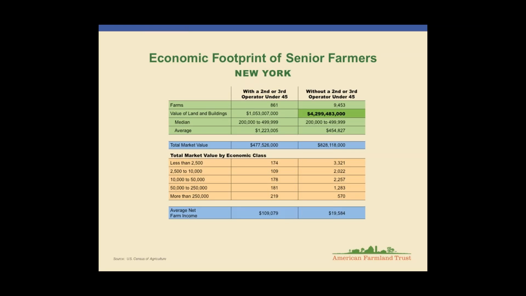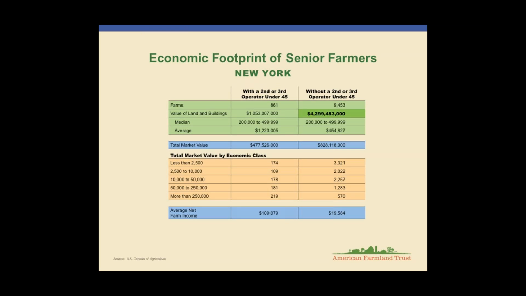And depending on your definition of large scale, this top one is the more than $250,000 in annual market value, and there are 570 of those farms in New York.